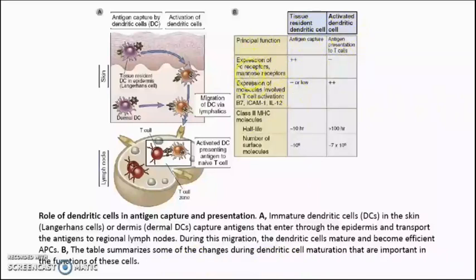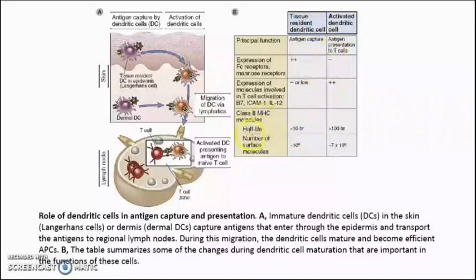The expression of Fc receptor and mannose receptor is high in the tissue-resident dendritic cells and low in activated dendritic cells. Expression of molecules involved in T cell activation, B7, ICAM1, and interleukin 12, is low in tissue-resident dendritic cells and highly expressed in activated dendritic cells.